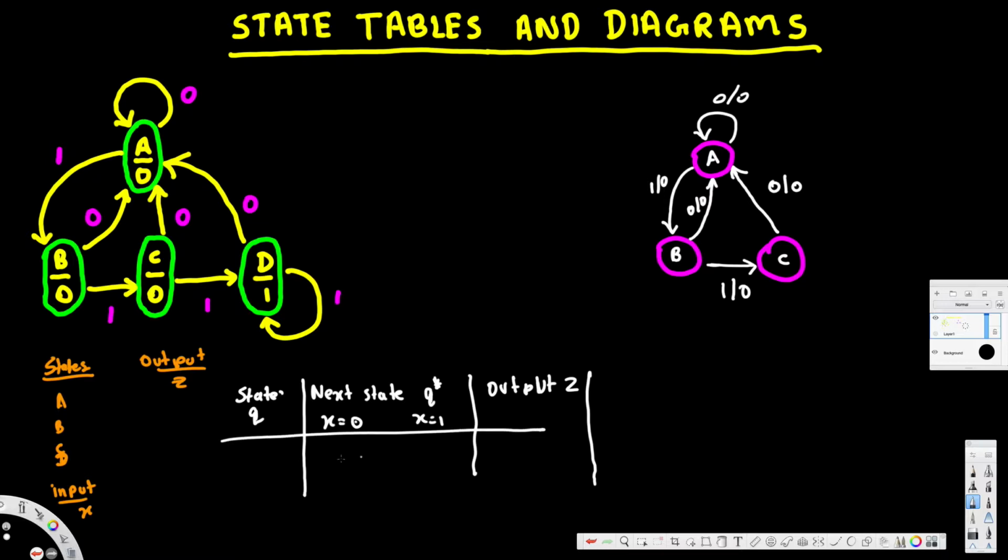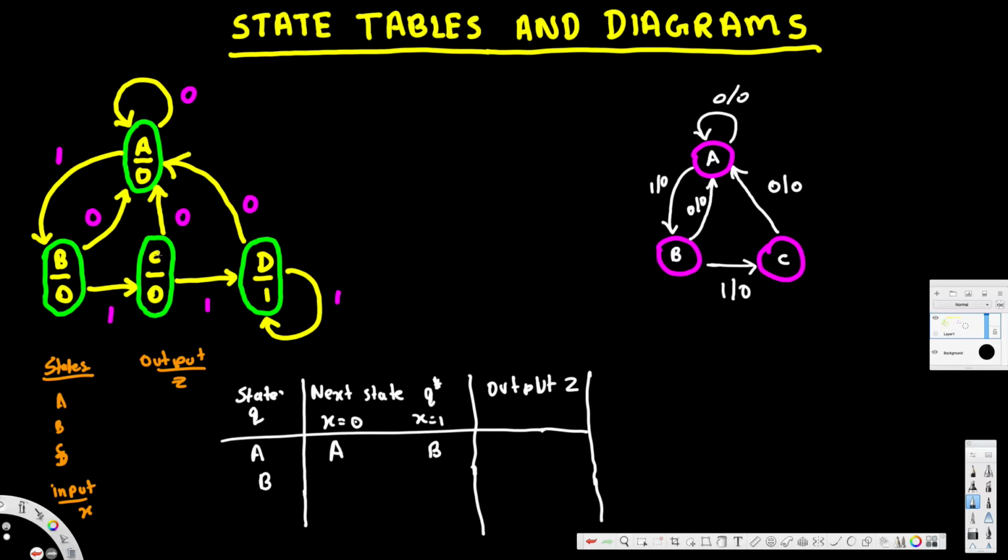Okay, so in the first state, A, when X is equal to 0, it's A. And when X is equal to 1, it goes to B. Okay, this is at A. And also the output of A. The output of A is the one below the A. A divided by 0, the 0 is the output.